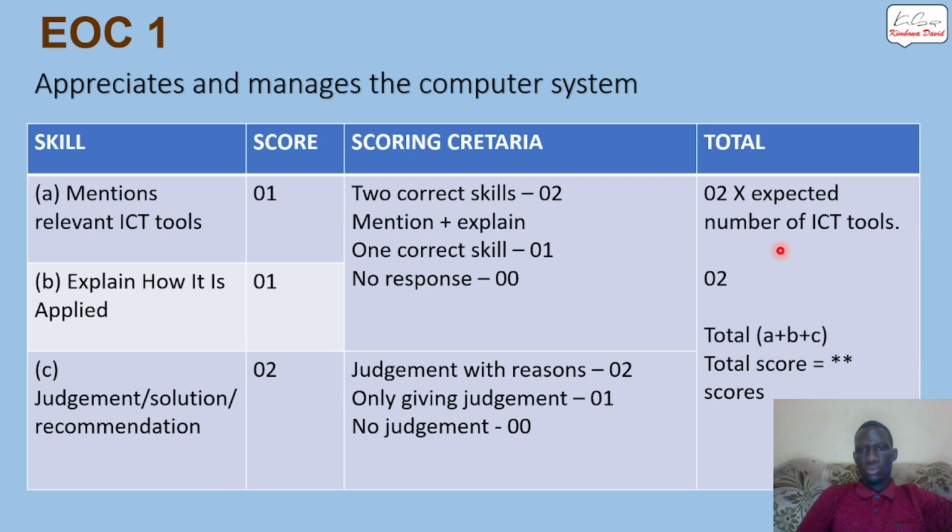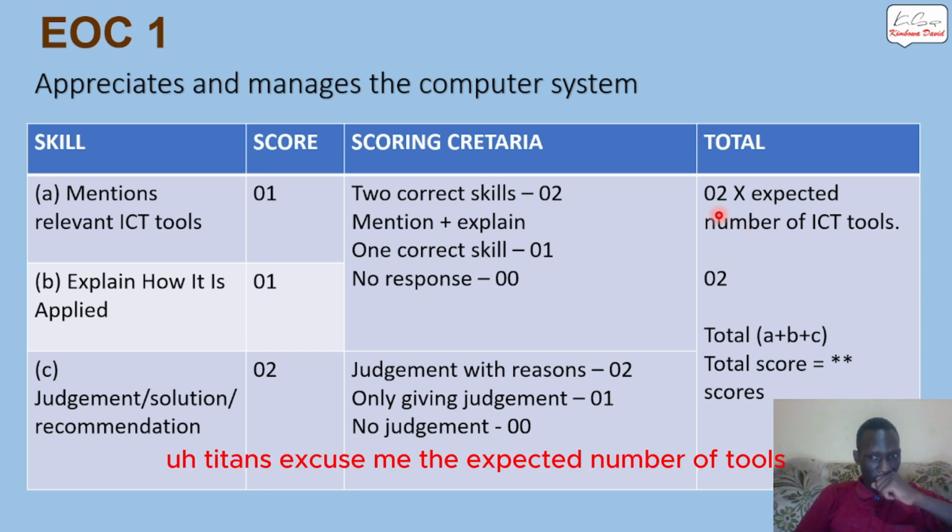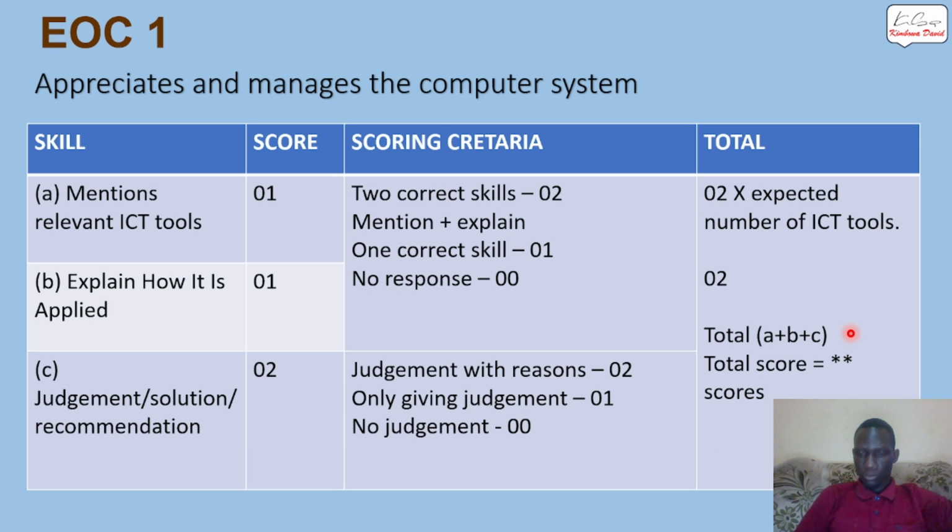And total, you can see 0 to 2 times the expected number of ICT tools. If at all the tools required are 5, you will get the number of tools measured times the expected number of tools.